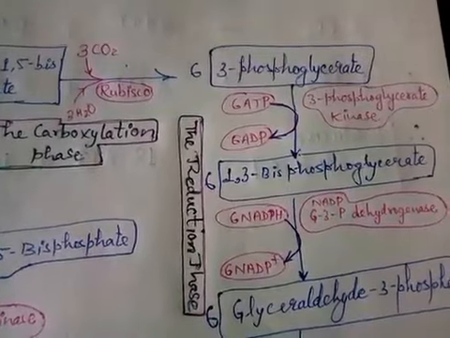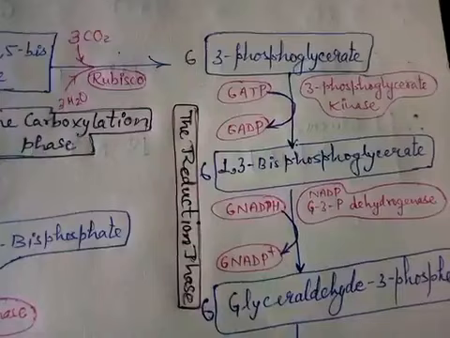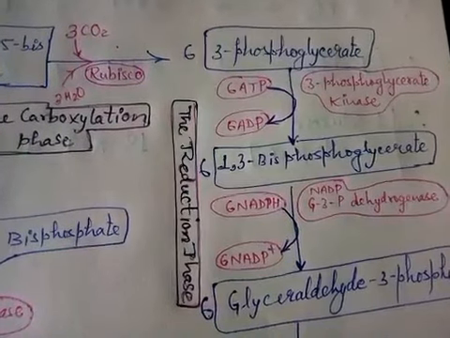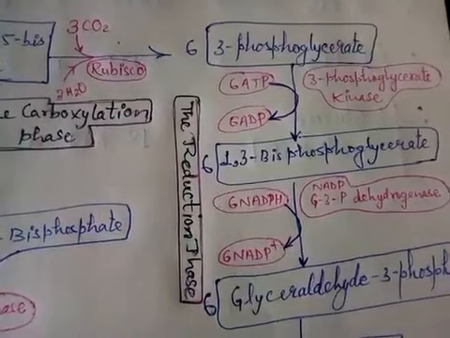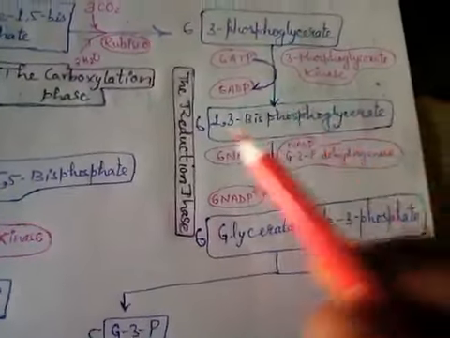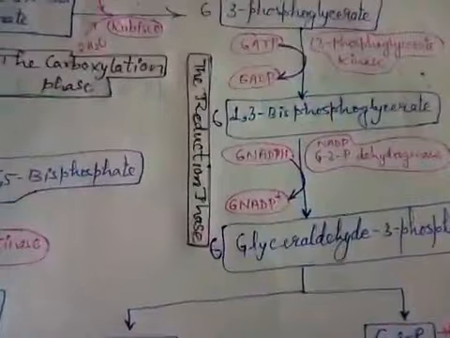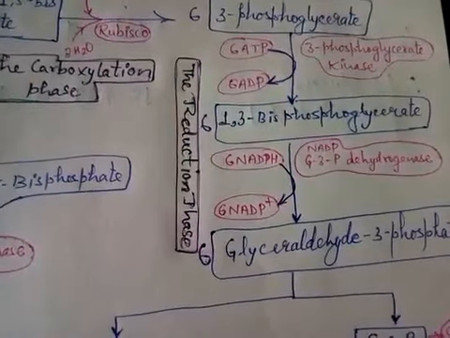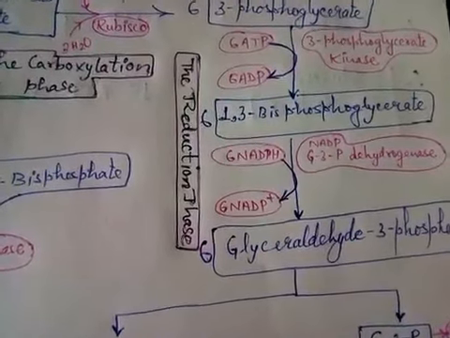Further, 3-phosphoglycerate is converted into 1,3-bisphosphoglycerate in the presence of enzyme 3-phosphoglycerate kinase at the expenditure of 6 ATP. This is the reduction phase.